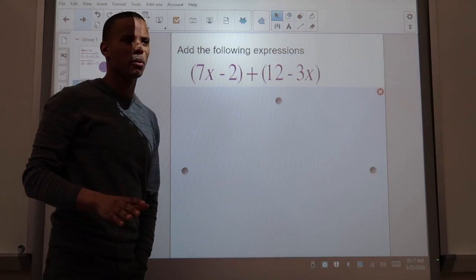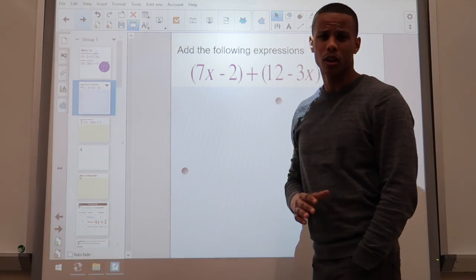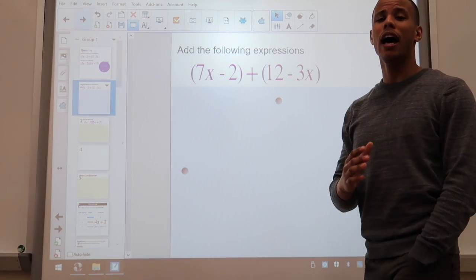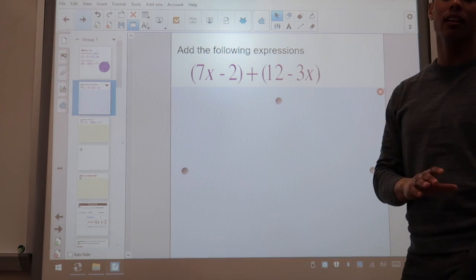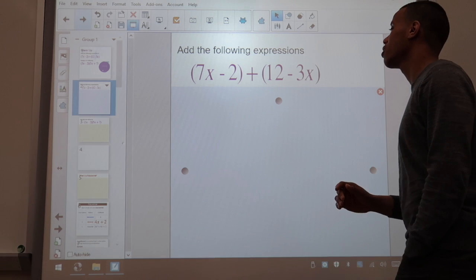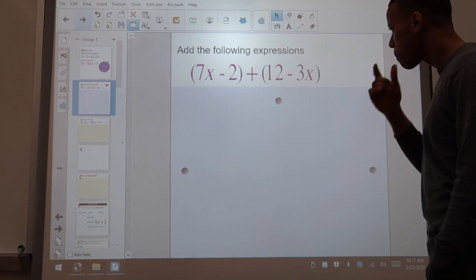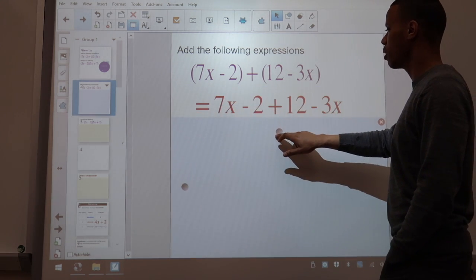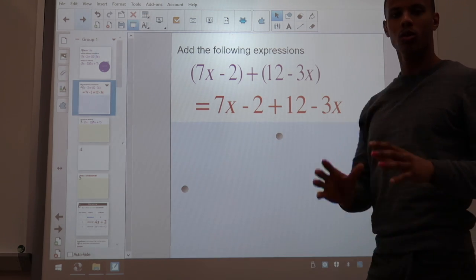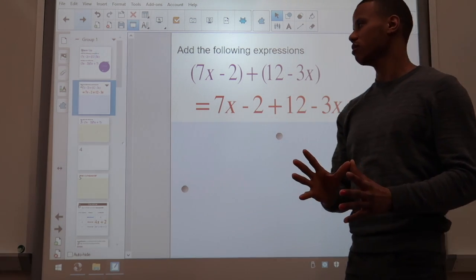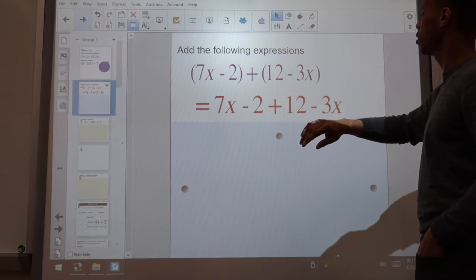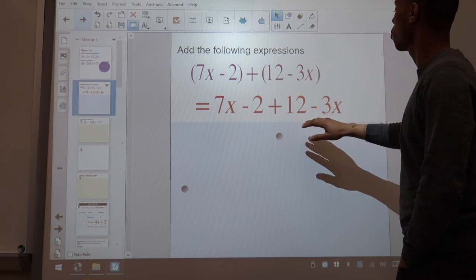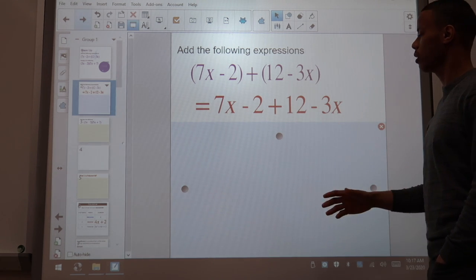Alright, so this is what we have. For the first part, we have to add the two expressions. So we have 7x minus 2 plus 12 minus 3x. This is just regular addition. The first thing you want to do is take them out of the parentheses. So now you have 7x minus 2, plus 12 minus 3x.